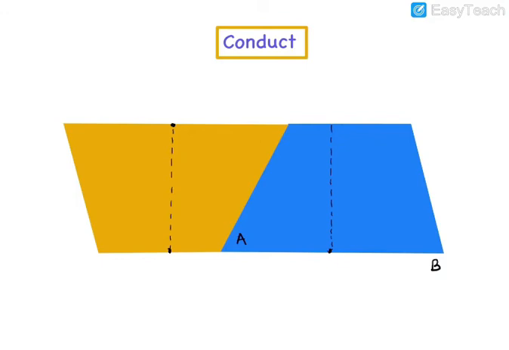The blue trapezium is ABCD and the orange trapezium was labeled as PQRS. And the perpendicular distance between the parallel sides is marked as EF in the blue trapezium, and in the orange trapezium it was marked as TX.